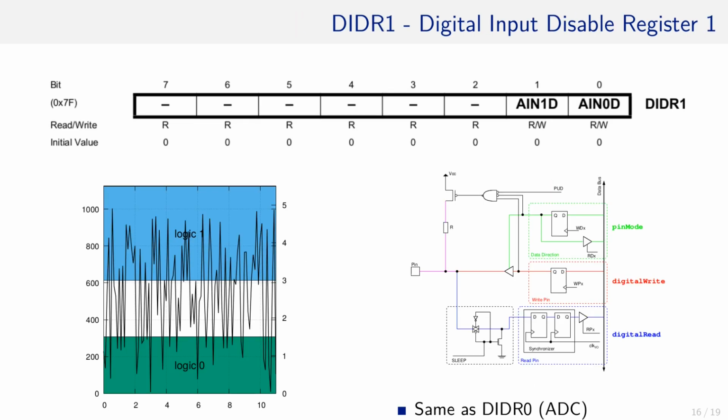Like in the ADC, in which the digital read part of the pins can be deactivated to reduce noise and power consumption, we have another DIDR that can do the same for the AIN pins.